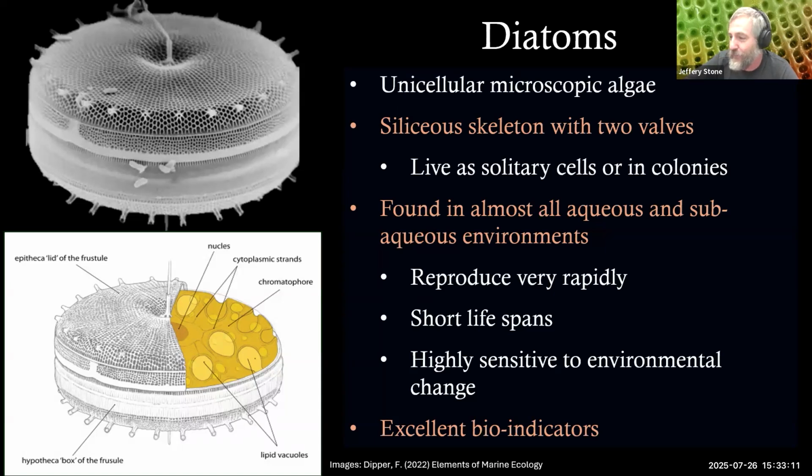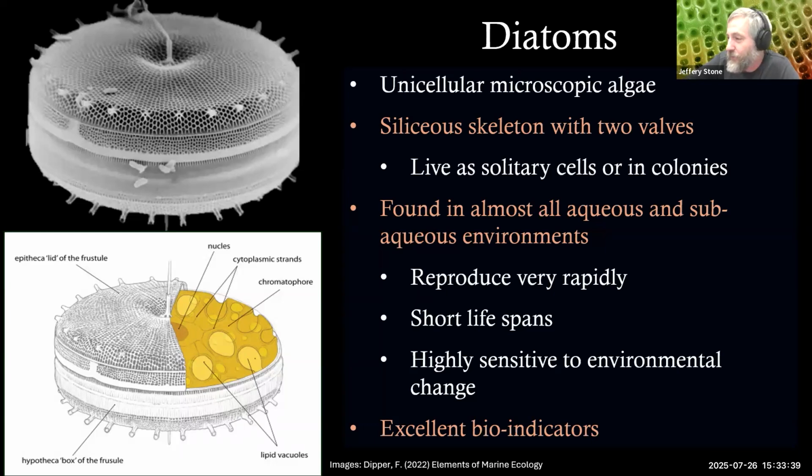There's a wide range of different types of habitats that diatoms can live in. They can live either as solitary, free-floating, or sometimes crawling organisms, or they can live in colonies. One of the things that I wanted to emphasize is that diatoms are found in basically all aquatic and subaquatic environments that you can imagine, and I will briefly go across some of these environments and give you some examples.